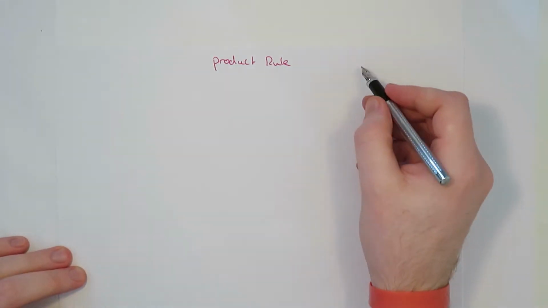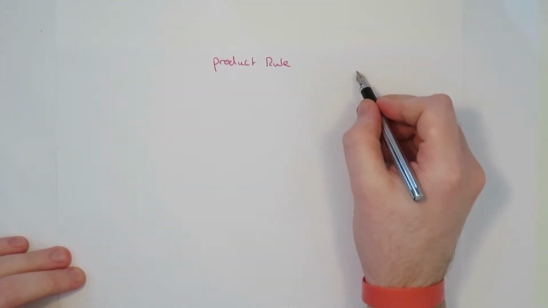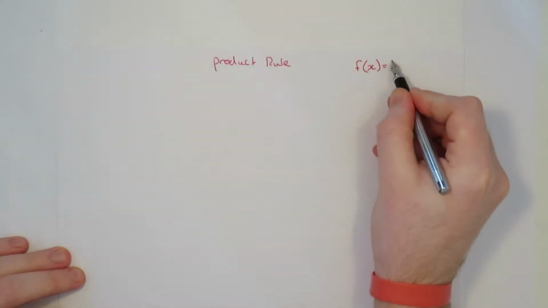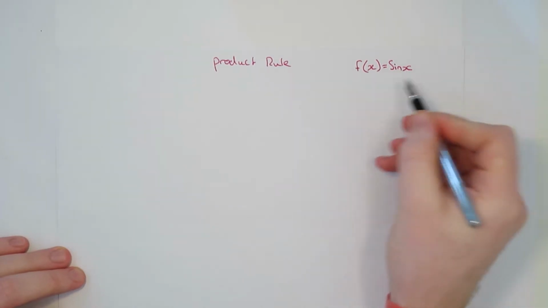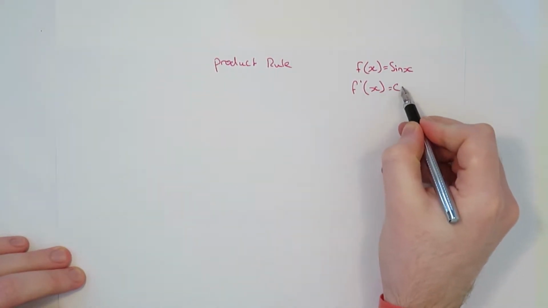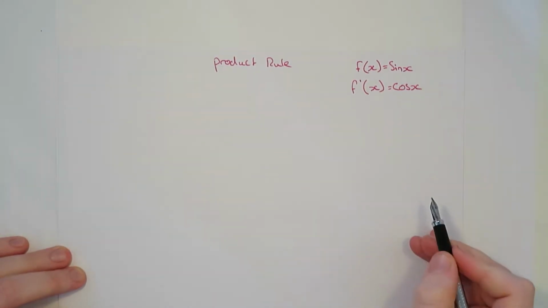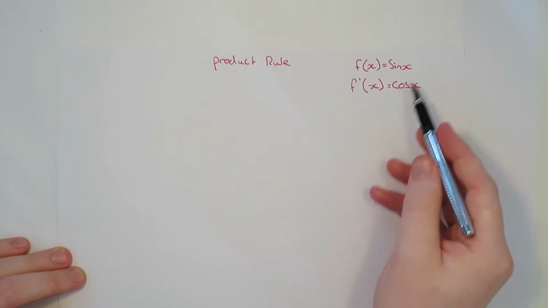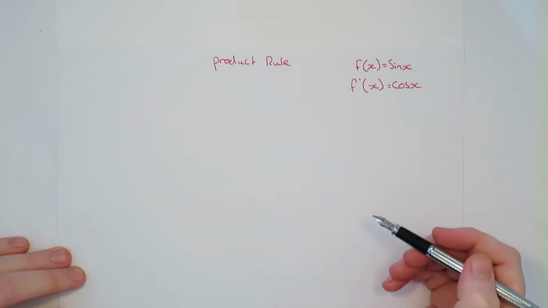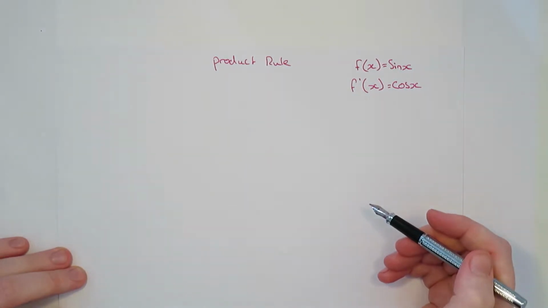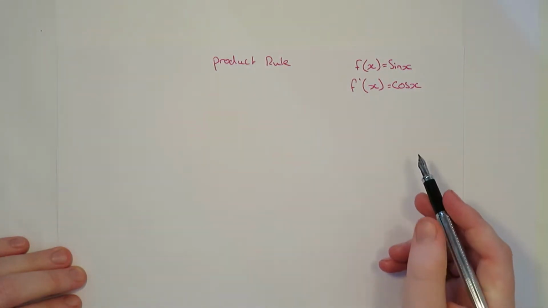So as an example, if you have f of x equals sine x, I'm assuming that you already know how to differentiate that. So you should already know some basic derivatives. In this video I'm just going to show you how to use the product rule.